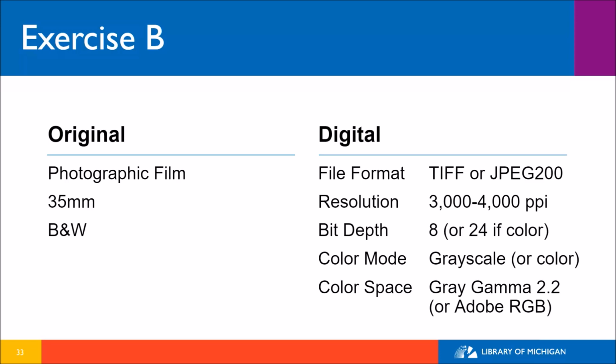And you could do this as grayscale, 8-bit grayscale, or you could digitize black and white material as color and then make choices from there, because you can always go back if you scan in color and turn it into grayscale, but you can't go the other way around. I mean, you can, but it would be essentially inventing content that's not there in your original scan, versus removing those chroma values and just leaving the luminance values.